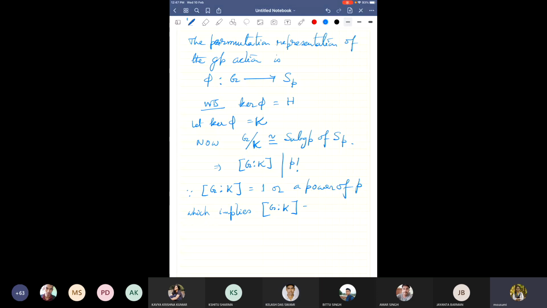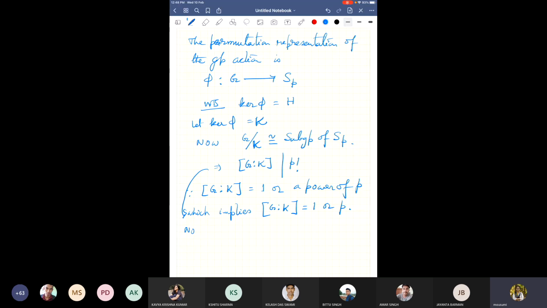So [G : K] will be either 1 or it has to be equal to P, because it should divide P factorial, right? So either it has to be equal to 1 or equal to P.